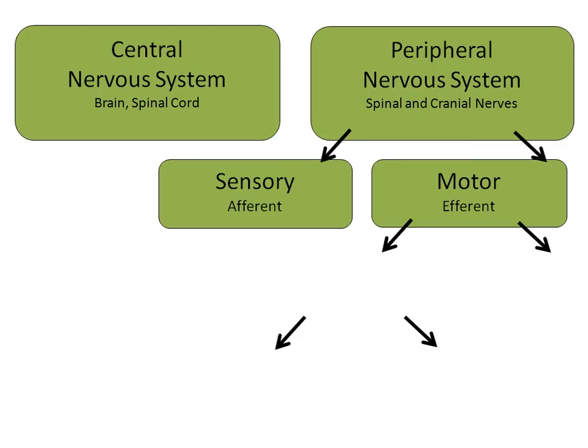Furthermore, we can subdivide the motor category based on effector type. The somatic motor division is voluntary control. It's one motor neuron from the central nervous system to the effector, and the effector is always skeletal muscles.